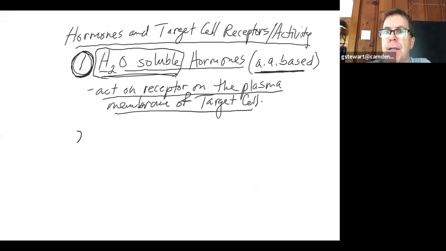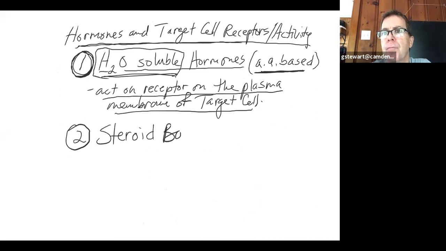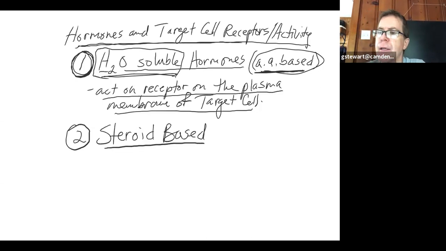The second class is steroid-based hormones. So we're just looking at those two classes, amino acid-based and how they behave with the second messenger system, and now steroid-based are going to behave differently. So let's explain that.